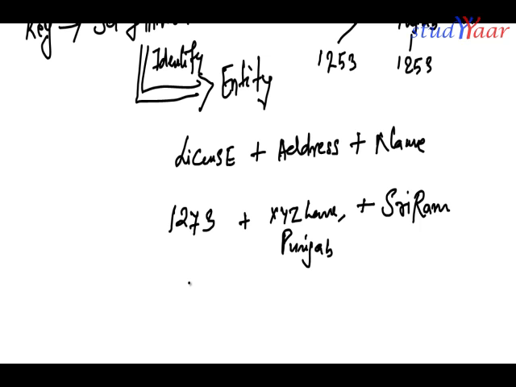Does this set of information allow me to uniquely identify a person? I would say yes. 1273 and Punjab obviously uniquely identifies a person. Apart from this, we also have his name. So it is just not possible that there can be two Shri Rams in Punjab having the same license number.